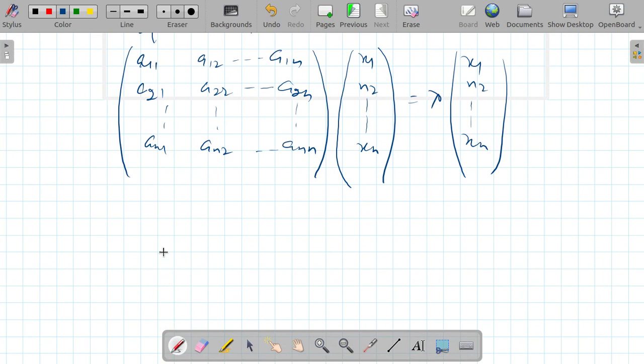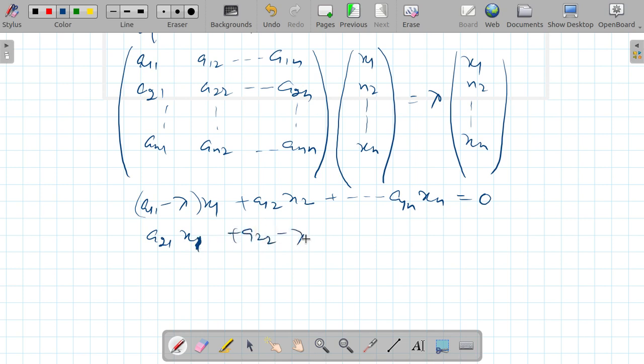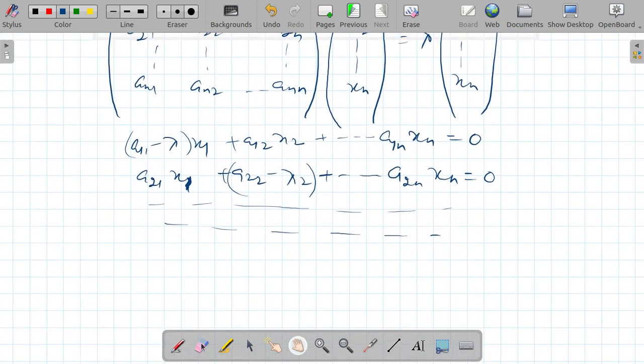And this may be written as (A11 minus lambda) x1 plus A12 x2 and so on A1n xn is equal to 0, or A21 x1 plus (A22 minus lambda) x2 and so on A2n xn is equal to 0, and so on, An1 x1 plus An2 x2 and so on (Ann minus lambda) xn is equal to 0.